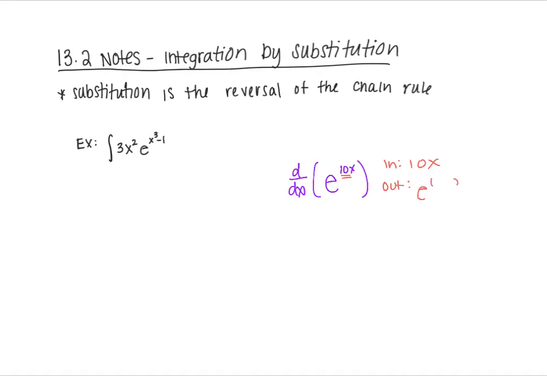I would take the derivative of the inside times the derivative of the outside and then put the inside back in. So we're going to undo the chain rule here with what's called integration by substitution.